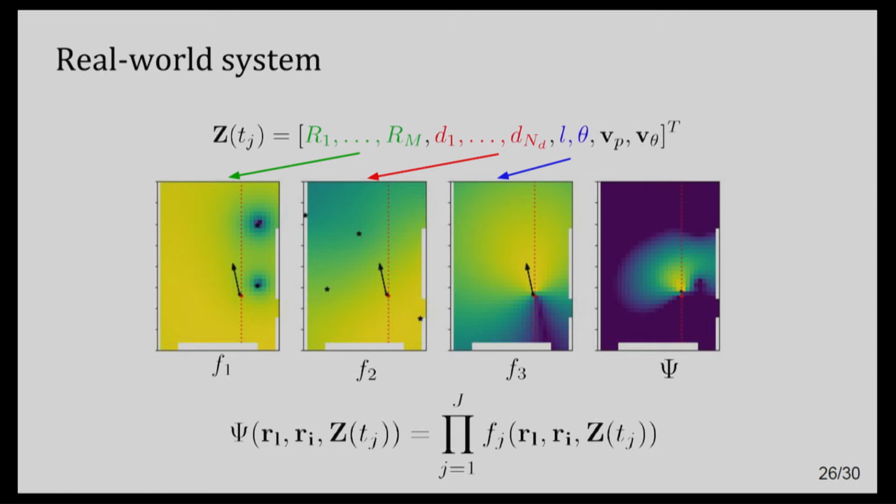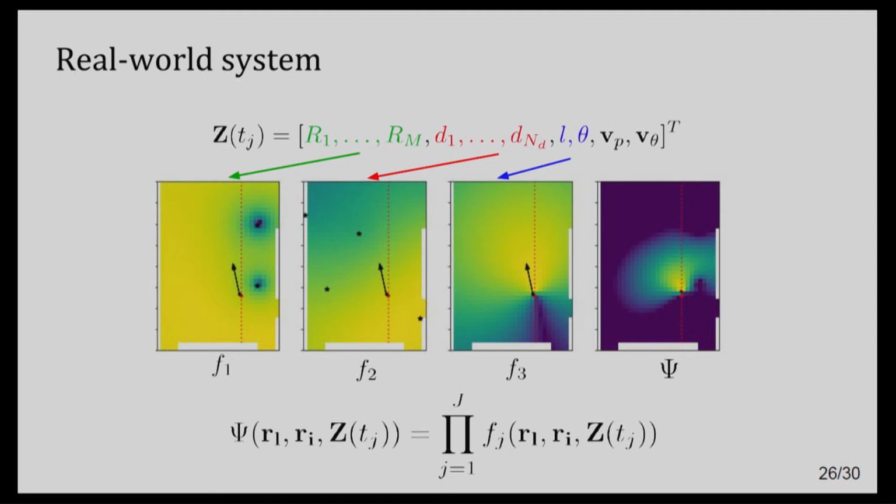For example, here we discretize the 2D space, x and y, and for each point in space we find the probability that we are in that location, given these Bluetooth measurements. The black points are Bluetooth anchors, yellow means high probability, and blue means low probability.